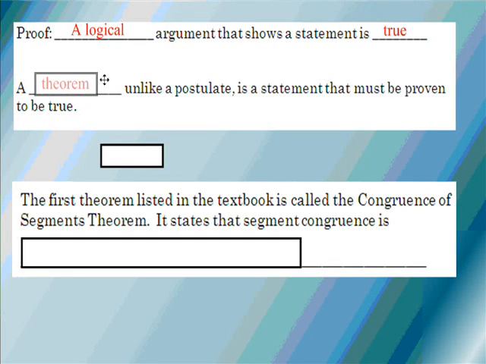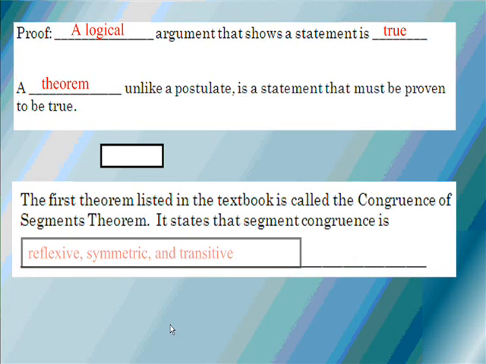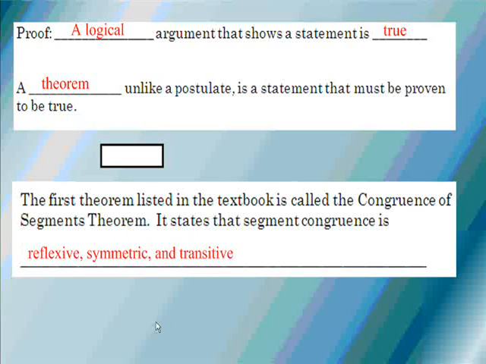And remember that we had these things in our first unit, we call them theorems, that were not like postulates in that you had to prove them to be true, and the way you prove them is with a proof. And so the first theorem that we talked about in the textbook was called the congruence of segments theorem. And it states that segment congruence is reflexive, symmetric, and transitive.